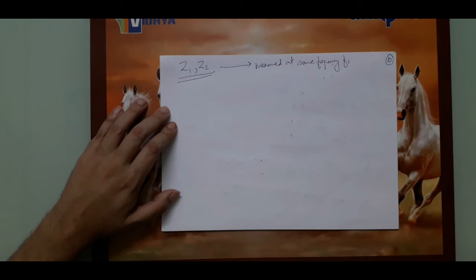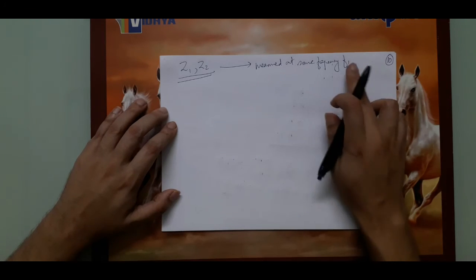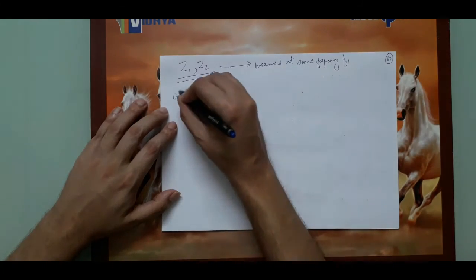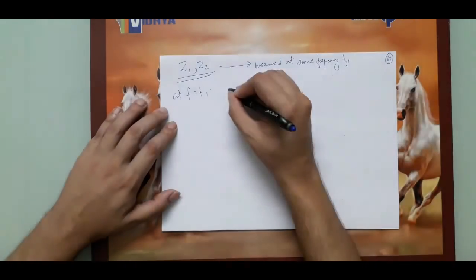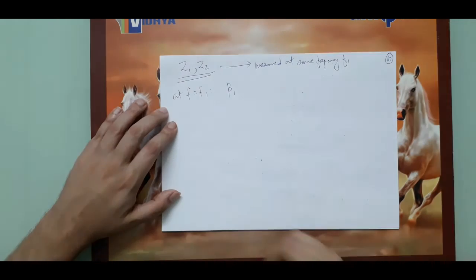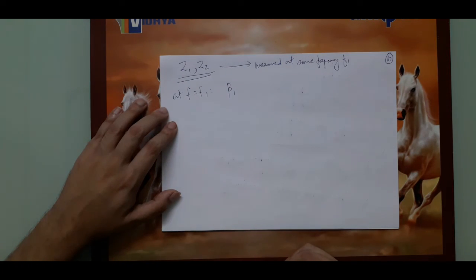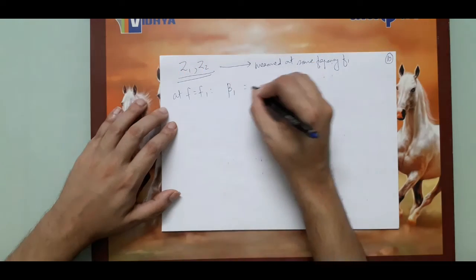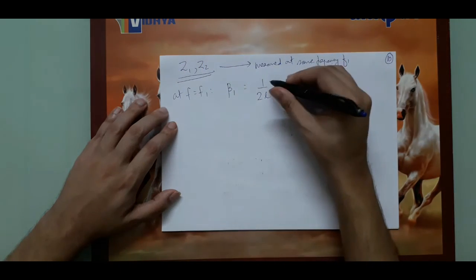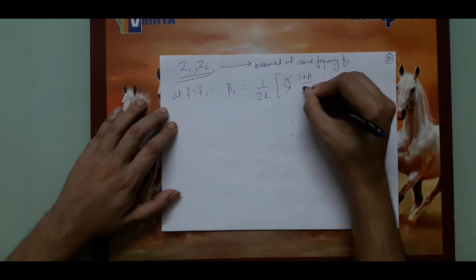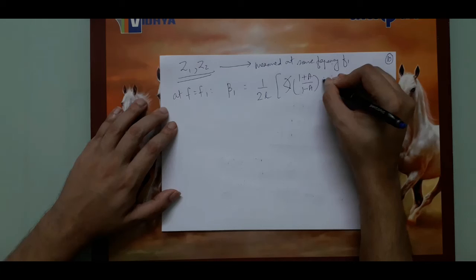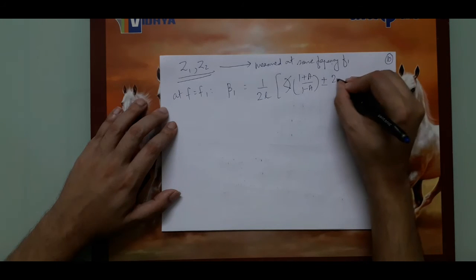So at f equals f1, the beta which I am measuring is nothing but 1 by 2L times the phase of this quantity plus minus 2n pi.